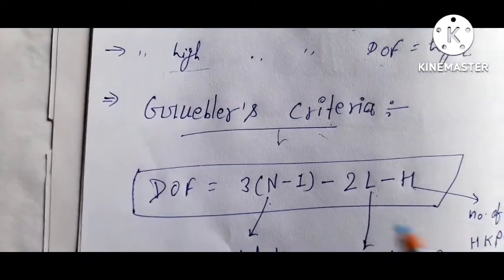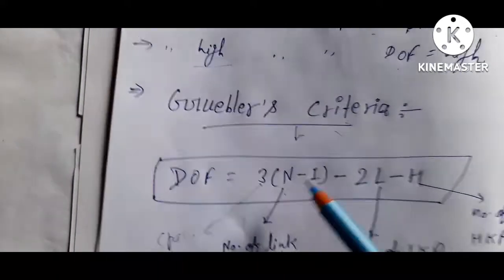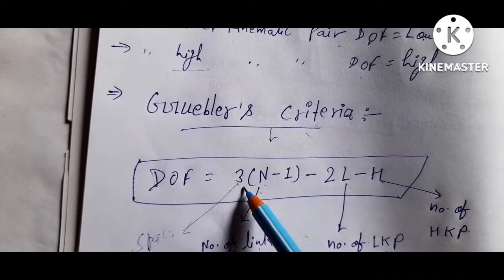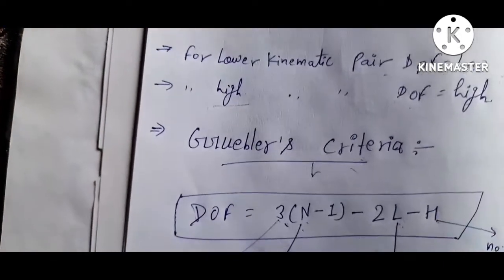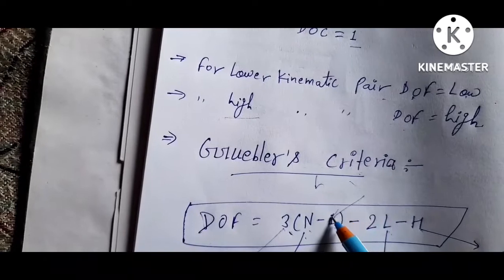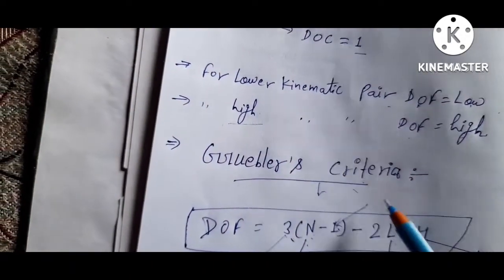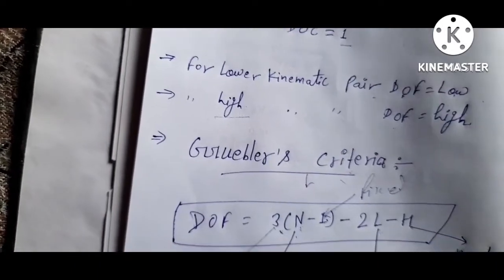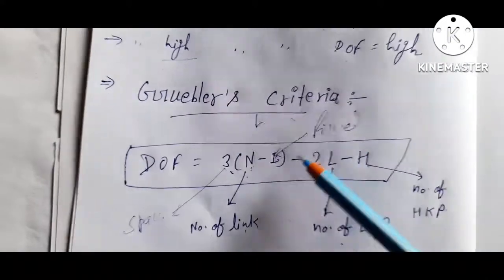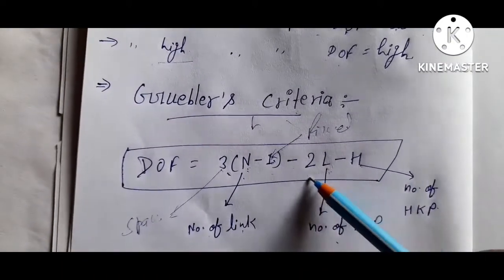In general, friends, in space there are 3 degrees of freedom. N is the number of links, and if you fix one link, then n minus 1. If we fix one link, n minus 1, and then 2l. In a mechanism one link is fixed.